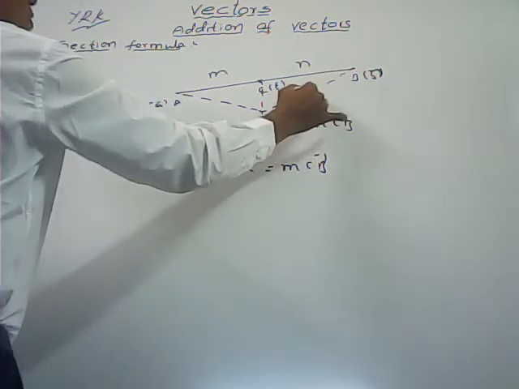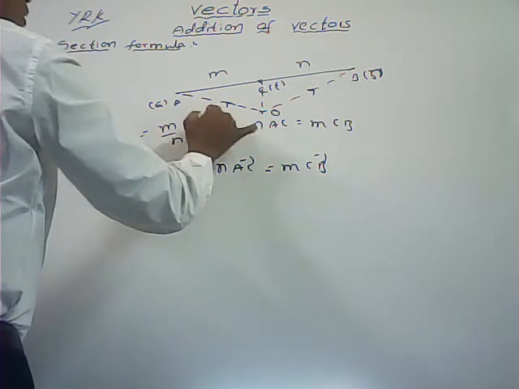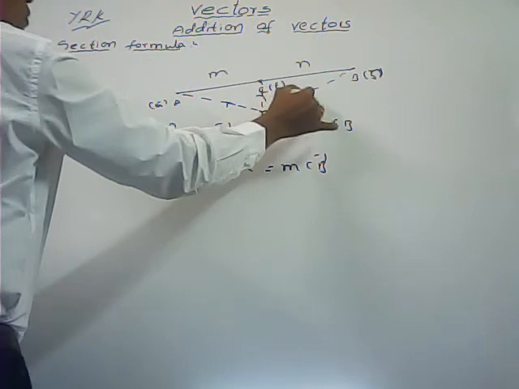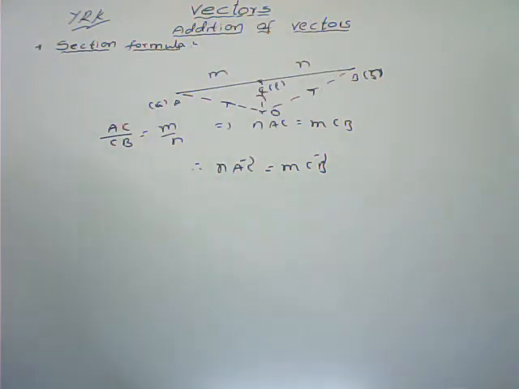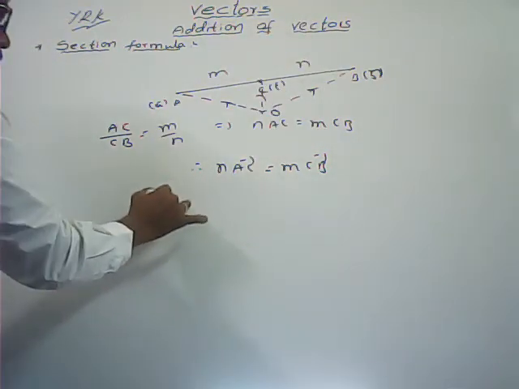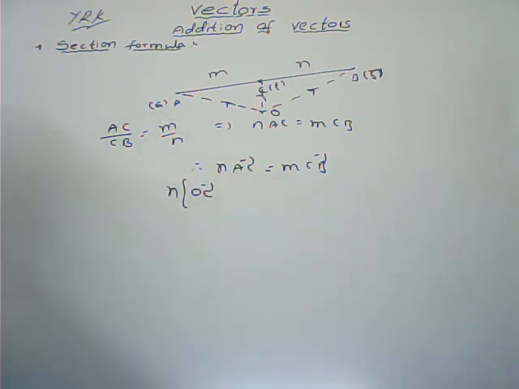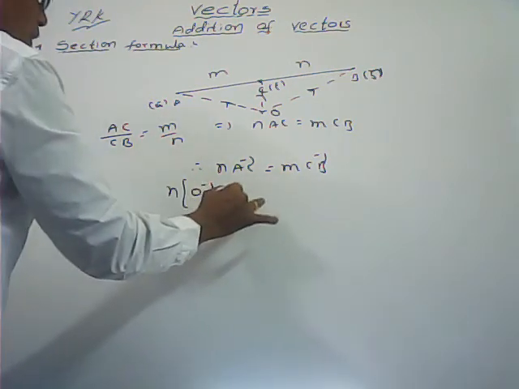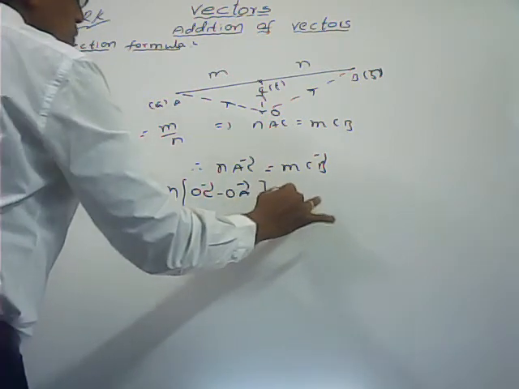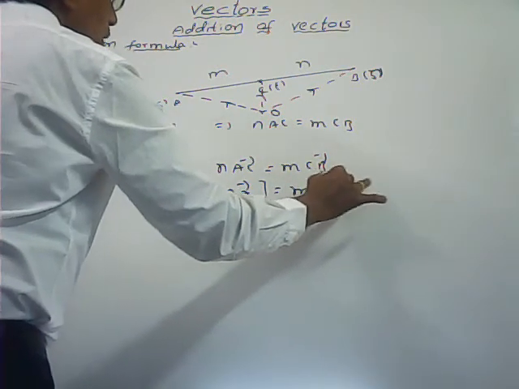OA bar equals A bar, OC bar equals C bar, OB bar equals B bar. Now N into AC bar we can write in terms of their position vectors, OC bar minus OA bar, that is equal to M into OB bar minus OC bar.